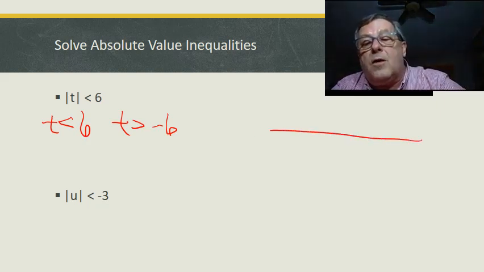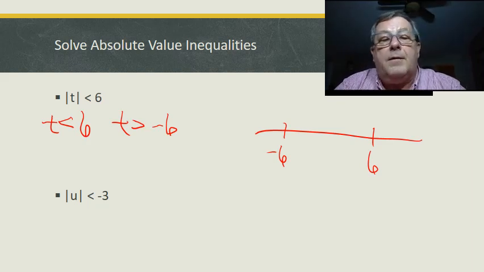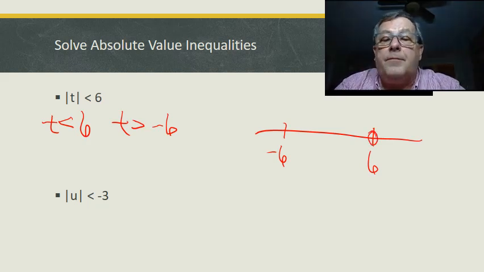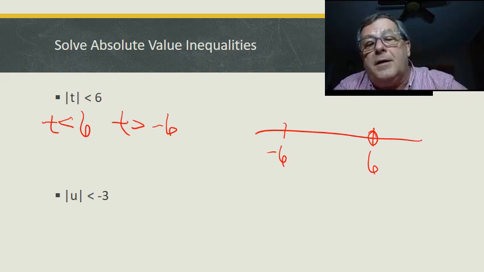Now let's graph this. So let's say we got negative 6 out here, and we got 6 out here. So on one hand, we said that t was less than 6. That's going to tell me I got to have an open dot. Got an open dot right there. And t is greater than negative 6. And I'm going to have an open dot up here.